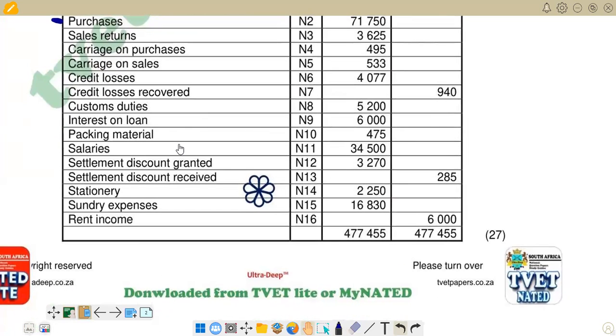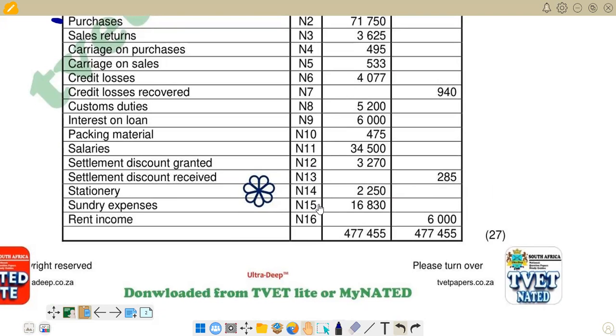We only have our settlement discount received, which is 285, and it is going to reduce the figure for purchases. So we're going to subtract 285 here. Remember, these are discounts on purchases, which means that the purchase amount is also going to be reduced. So we subtract 285. Then we see that we've got no purchase return in the list of balances.